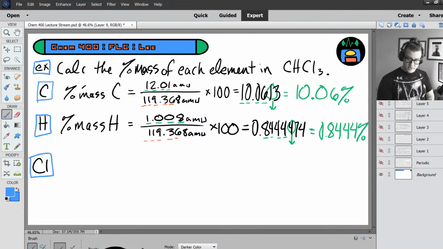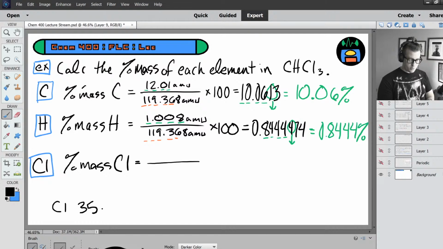Now finally, let's take a look at chlorine. Here's the one thing to keep in mind. The percent mass of chlorine: we know that chlorine has a mass of 35.45 AMU, but we have 3 chlorine atoms.